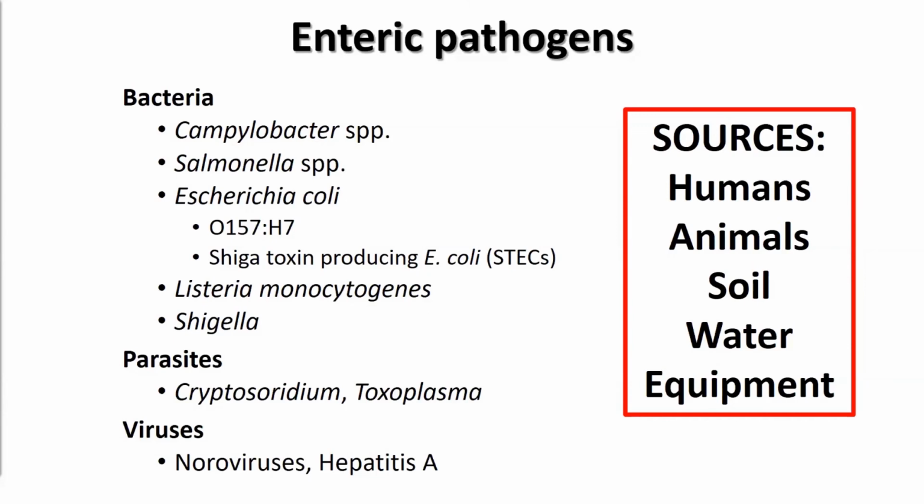We are also a really important source of pathogens. We can shed high levels of these pathogens in vomit or feces if we're sick, and if we're not following proper hand hygiene, we can easily contaminate foods. But we're also very concerned about soil, water, and equipment that can be contaminated with these pathogens as well.